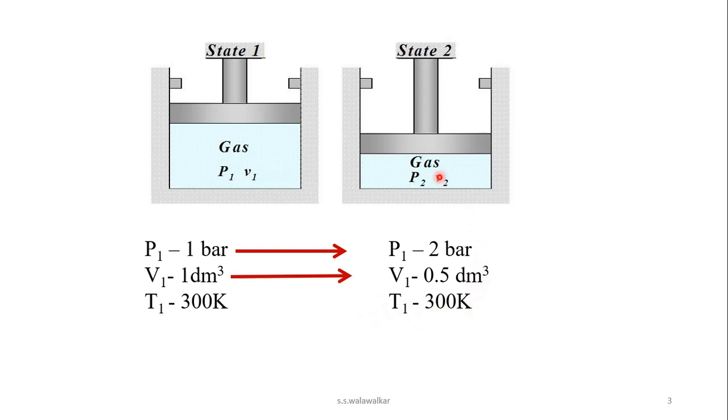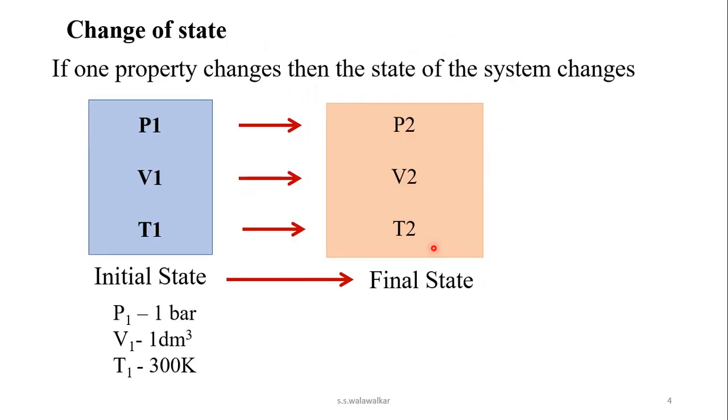So here, if any one of these properties, that is state variables or state functions, is changed, then the state of the system also changes. It's not necessary to change all three properties. If you change pressure, automatically volume also changes.